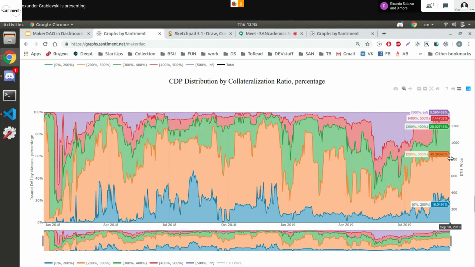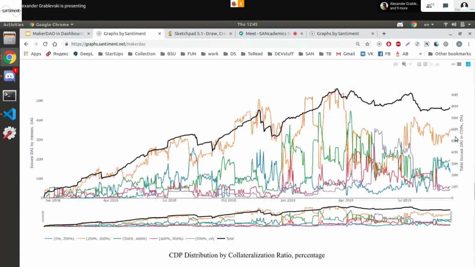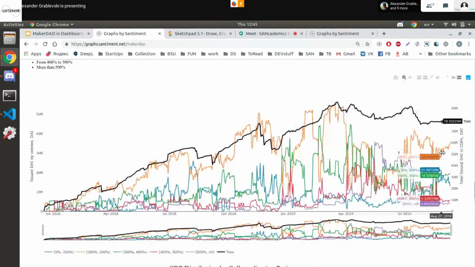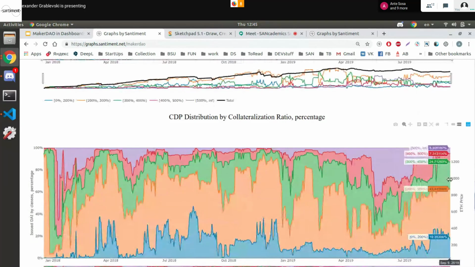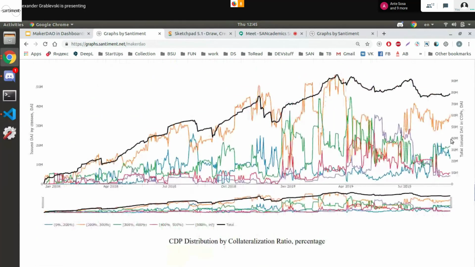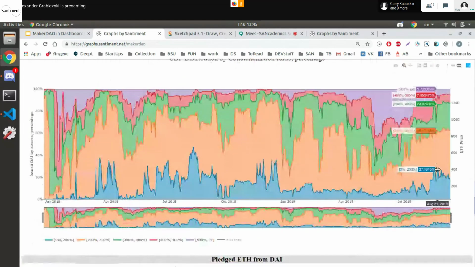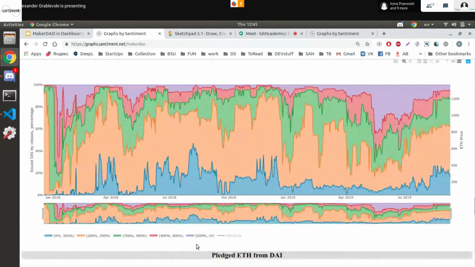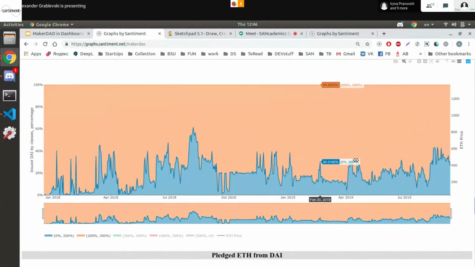That shows you again the distribution of how well CDPs are protected from a drop of ETH price. This graph is basically the same, but it shows absolute numbers instead of percentages. I prefer this one more. You can switch this off just to see the dynamics or compare some of these. And that's it.